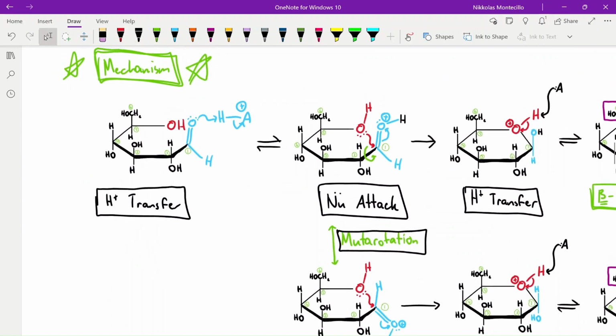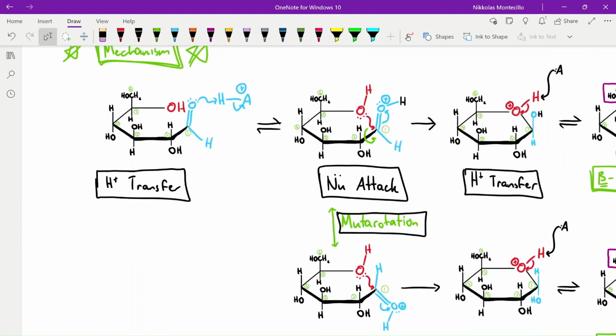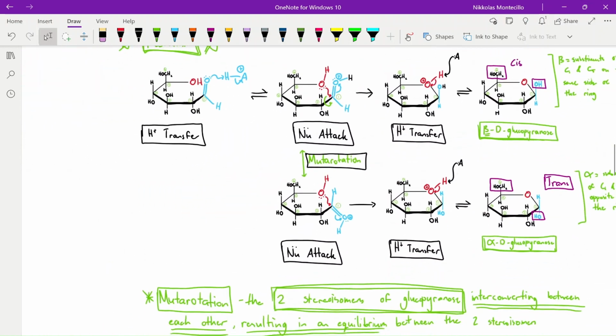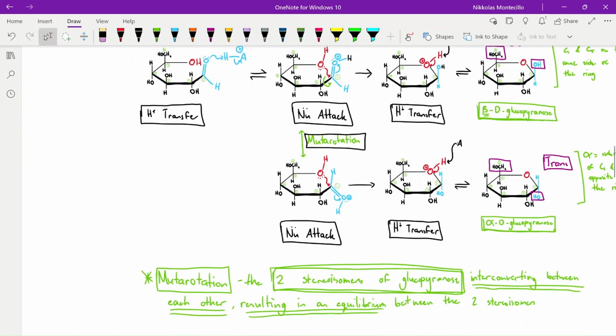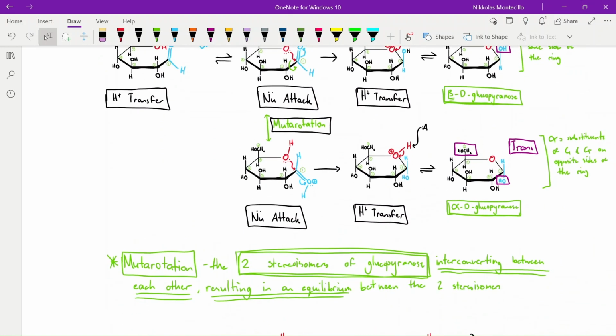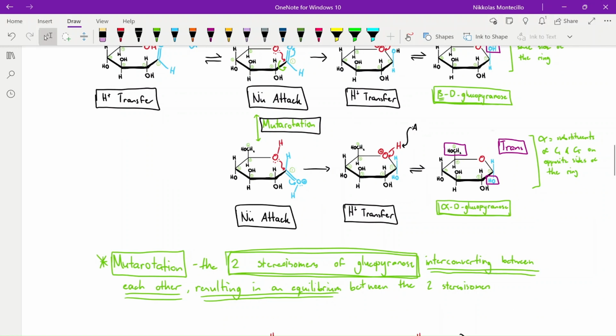So mutarotation just refers to the rotation of the C2-C1 bond, and during mutarotation, the two stereoisomers of glucopyranose interconvert between each other, resulting in an equilibrium between the two isomers.